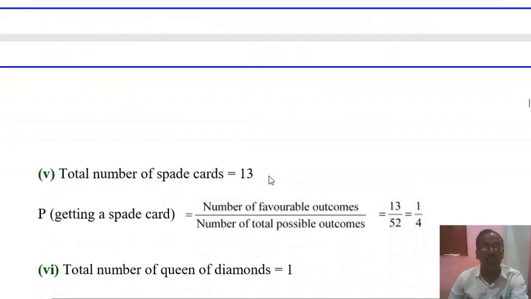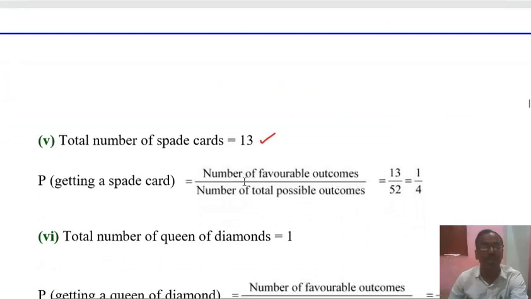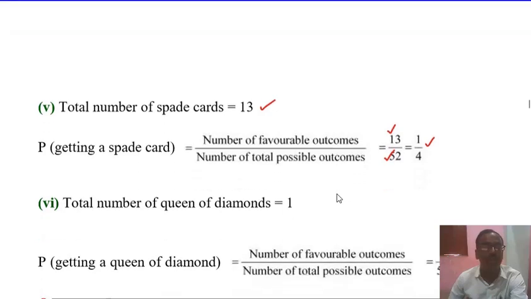The total number of spade cards is 13. So the total number of favorable outcomes is 13. The probability of getting a spade card equals the number of favorable outcomes, here 13, over the number of total possible outcomes, 52. So this one will be 1 by 4 after cancelling out the common factor.